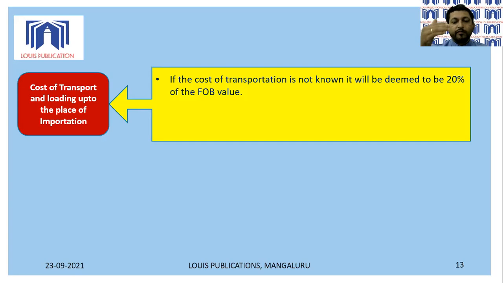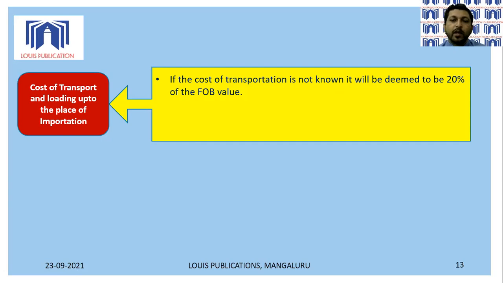So expenses of transport and loading up to the importer's port only must be included in the computation of assessable value. Now, if the cost of import transportation is not known, if it is given, we will take that value. If it is not given, it will be deemed to be 20% of the FOB value. This is more so in case of sea or water land transport, because India's exports may be with Nepal, with Bangladesh.